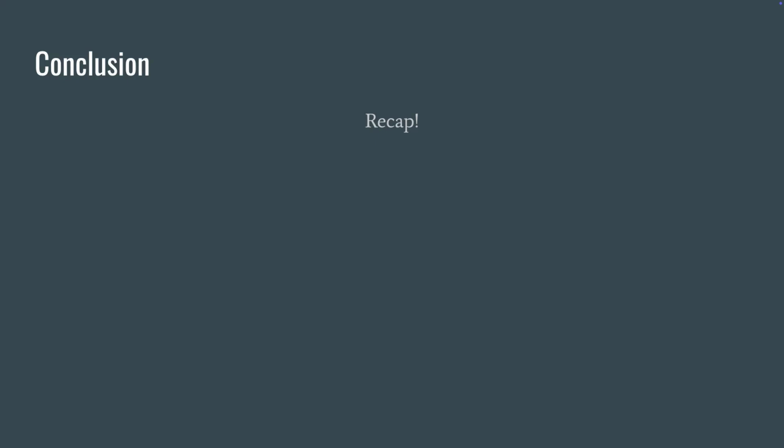Conclusion. We looked at a lot of different types of databases. For recap, we started with traditional relational databases where data is neatly organized in tables and accessed via SQL. Then we moved on to NoSQL systems, looking specifically at four categories: key value, document, column family, and graph.